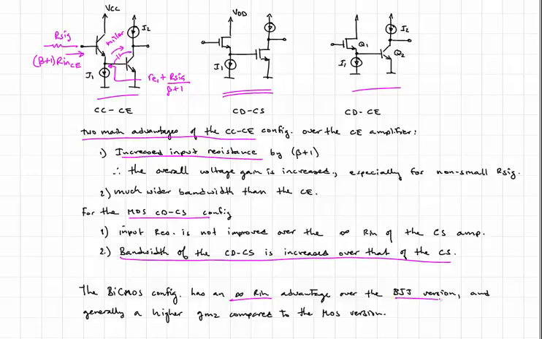That's an advantage over the BJT version, and there is an advantage of the common drain, common emitter over the purely MOSFET implementation here in the middle, in that there is generally a higher g_m2 compared to MOS only. That goes back to the g_m values achievable by bipolar transistors being greater than what's achievable with a MOSFET, and so by having a bipolar as the common emitter amplifier stage, we can achieve greater gain than if we had used a MOSFET common source amplifier stage.